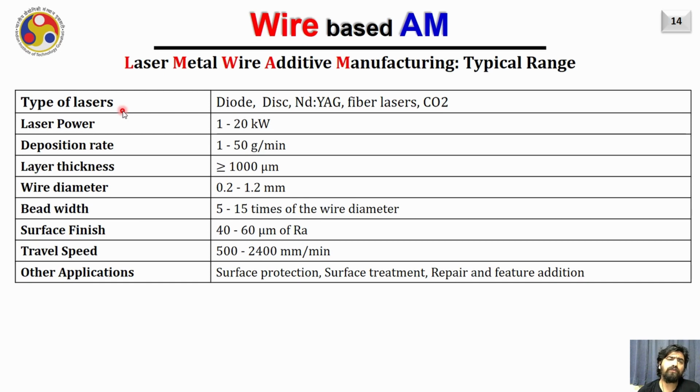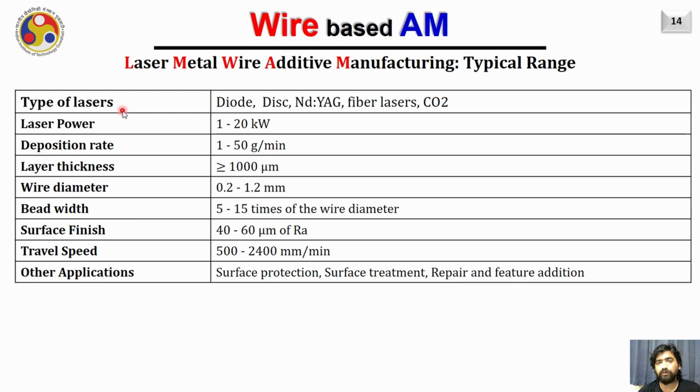Typically, in laser metal wire additive manufacturing, the diode laser, disc laser, Nd:YAG laser, and fiber laser are used. However, in a few cases, the CO2 laser is also used, although it is not very efficient when processing metals. Diode lasers, which have a wavelength of around 1000 nanometer, are typically more efficient.